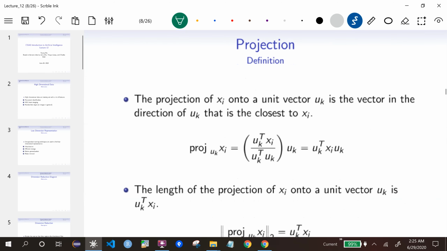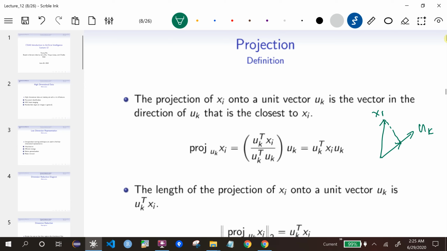The next concept is projection. If you have a vector u and another vector that goes in another direction, the projection of that other vector onto our u vector is just like a regular projection.